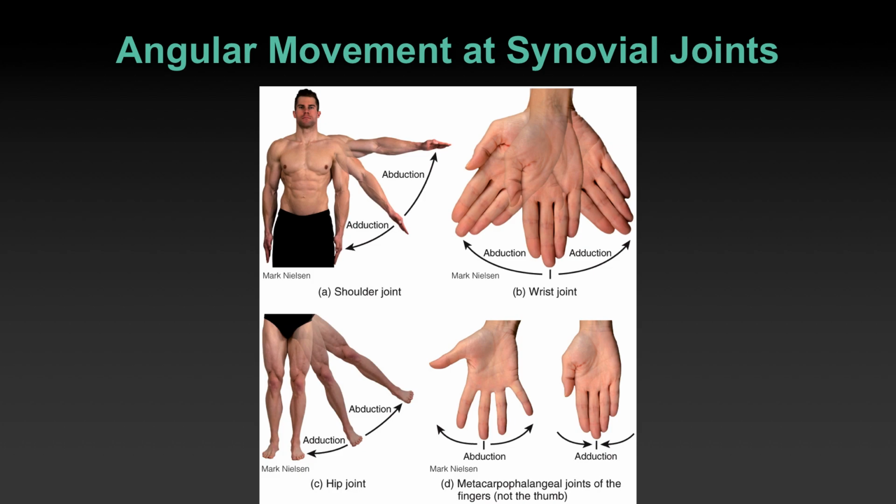Adducted as you add them back towards the midline on the top left as well. And that's easy to understand, being that we know the anatomical position quite well and the midline of the body quite well. But then the hand itself, if you imagine the midline of the hand, moving the wrist left or right, results in abduction or adduction respectively. Abduction away, adduction towards.